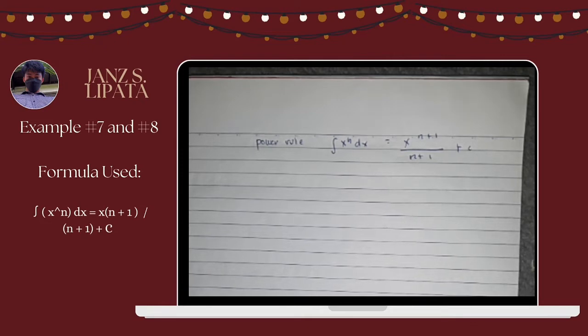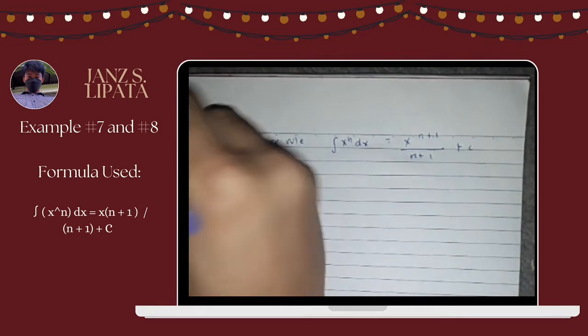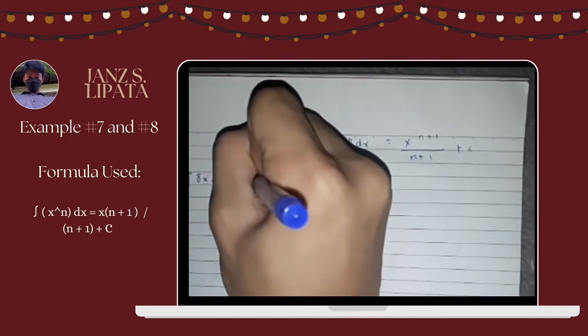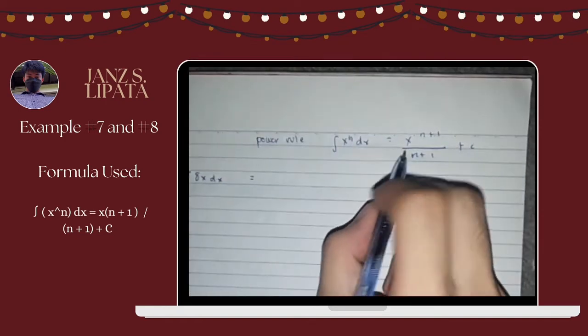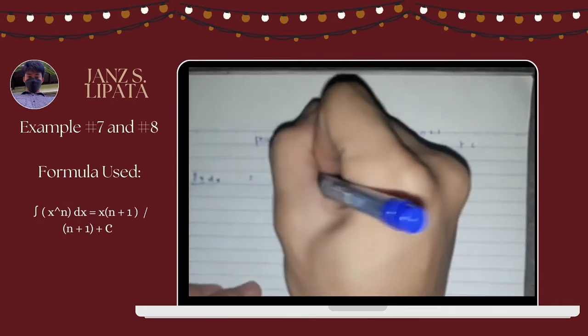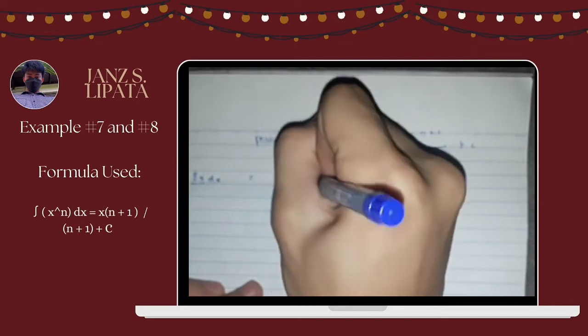Then in number 7, I have this given 8x dx. And to find this, if I use the power rule, simply write the 8x.